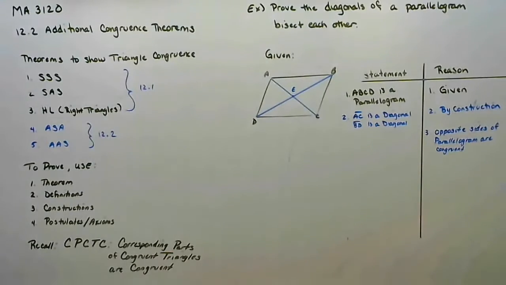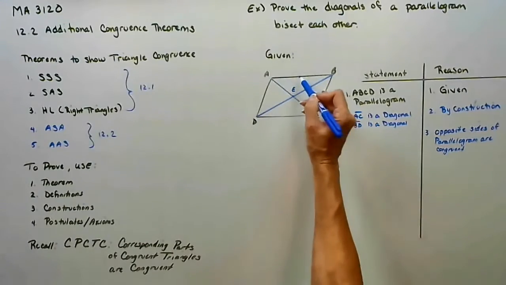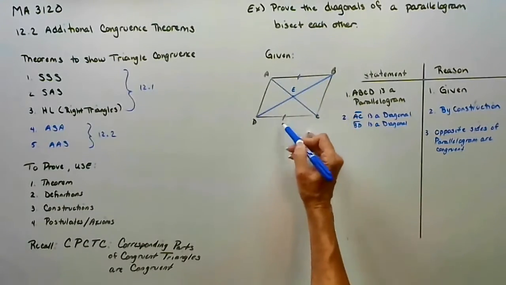So let's label that. I'm going to switch colors a little bit, maybe it'll make it easier. First of all, AB is congruent to DC.